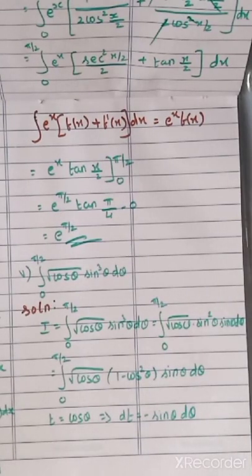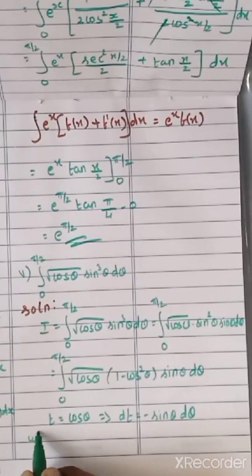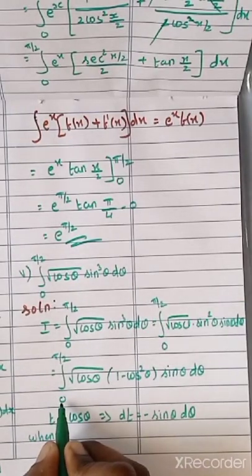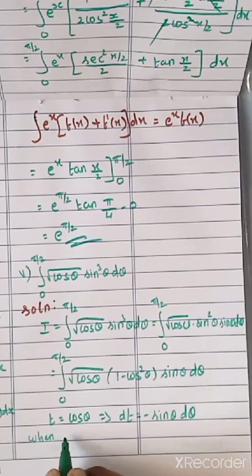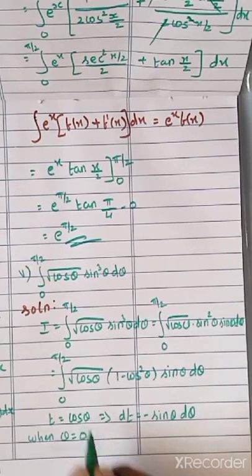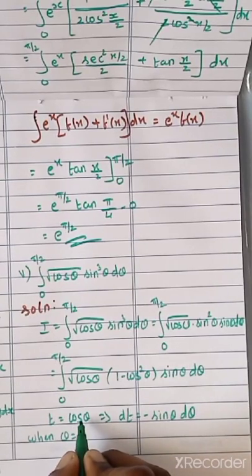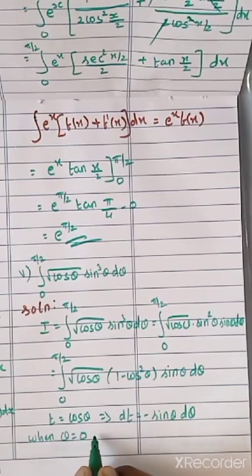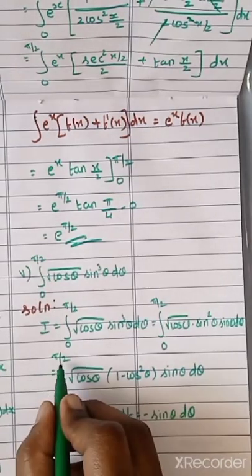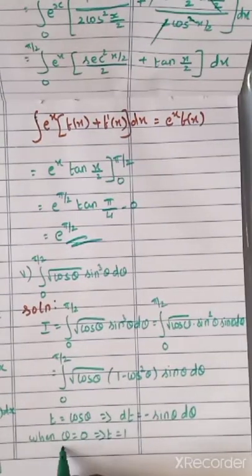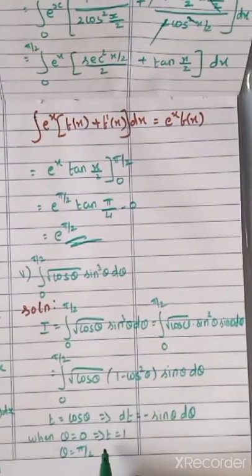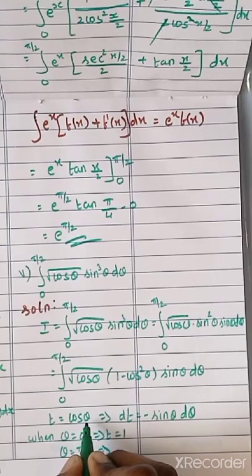Okay, if we use substitution method, definitely that limit value will also change. Correct? Okay, so when, what is the lower limit? 0. So when theta equal to 0, we have to substitute 0 here. Cos 0 is 1, correct? So when theta equal to 0, t value equal to 1. Next, what is the upper limit? Pi by 2. When theta equal to pi by 2, cos pi by 2 is 0.